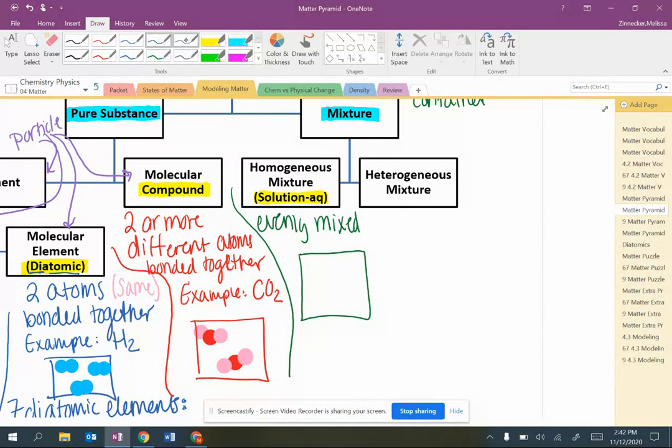So an evenly mixed homogeneous particle picture will look like where we maybe have some atoms, and maybe we have a compound.